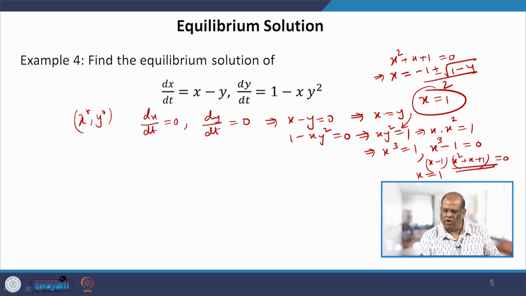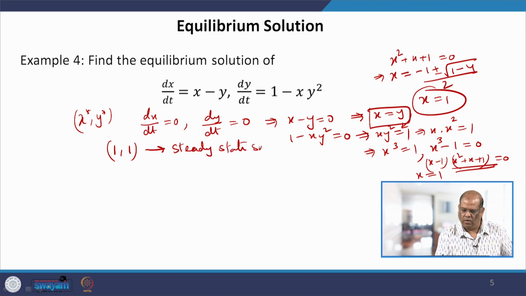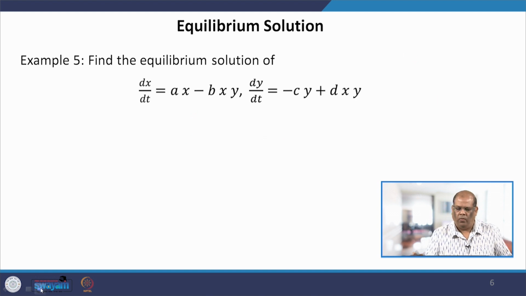And since x equal to 1 and x is equal to y, y is also equal to 1. So, (1, 1) is your steady state solution here, or equilibrium solution.